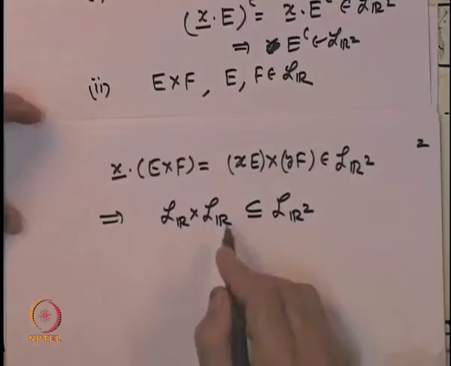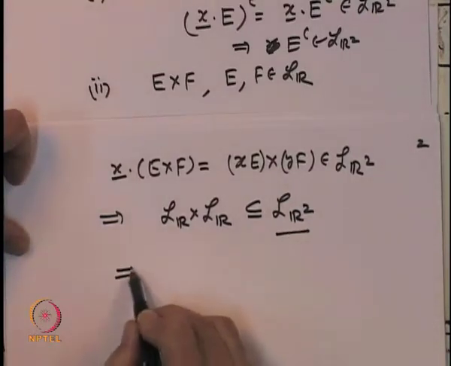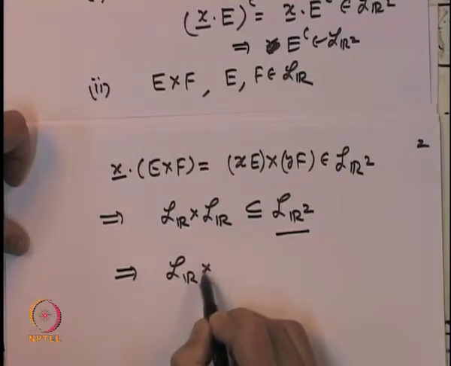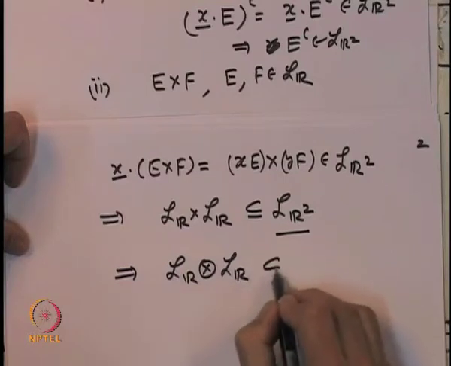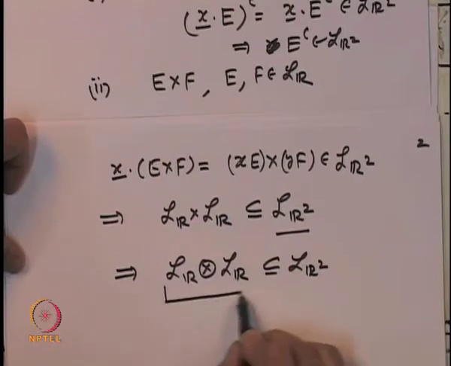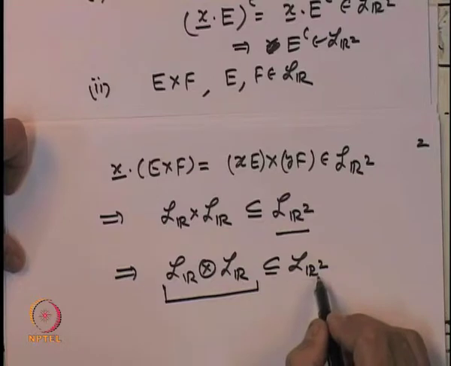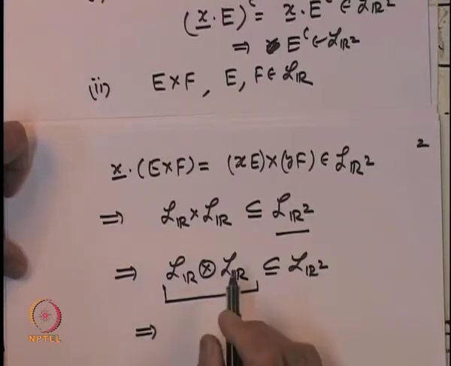Okay. And just now we observed that this is a sigma algebra. So, that will imply that the product sigma algebra L R cross L R is also in L of R 2. So, all the elements in the product sigma algebra L R cross L R are inside L of R 2, and now L of R 2 is just the completion of this space. So, it is easy to show that if I take a null set, then x dot E also is a null set.